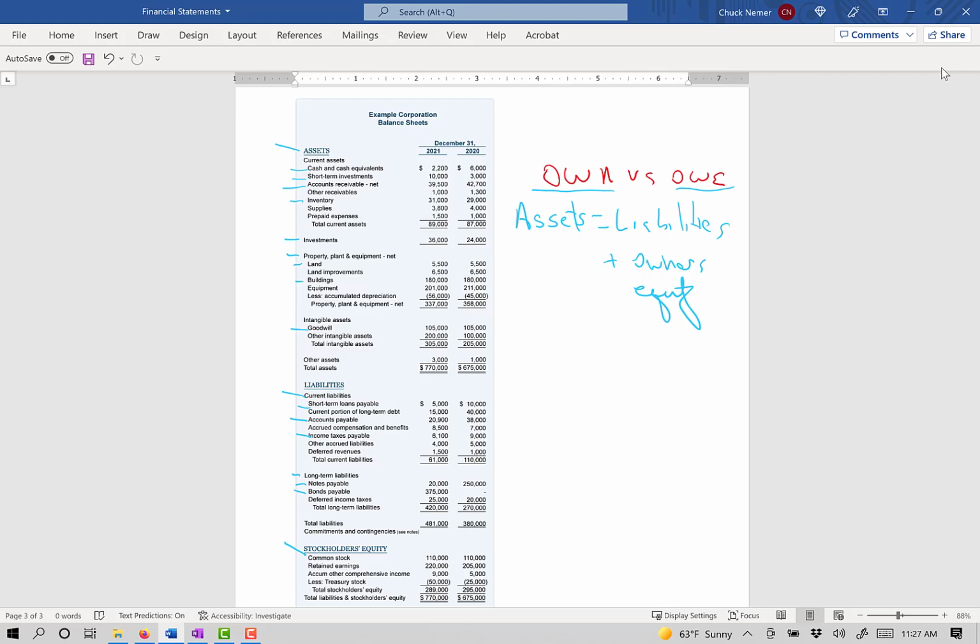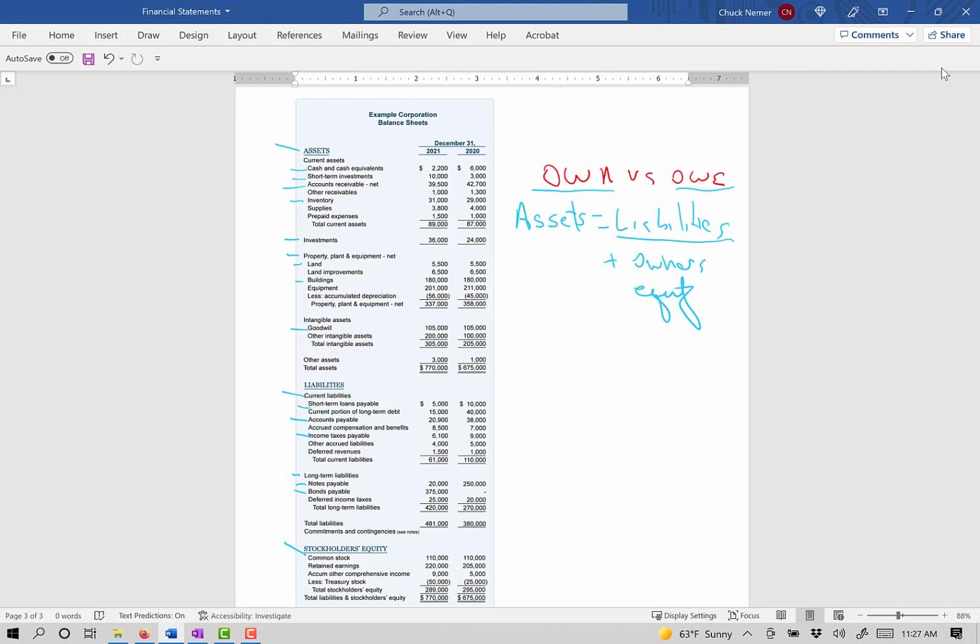And so at some point, those owners of that stock who gave us money in exchange for some percentage ownership in the business, they may want to cash out. And so at some point, we're going to owe them as well to be able to buy back their shares. And so that's a liability that we have also.